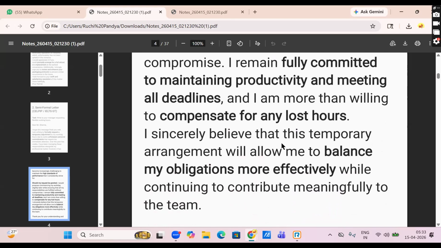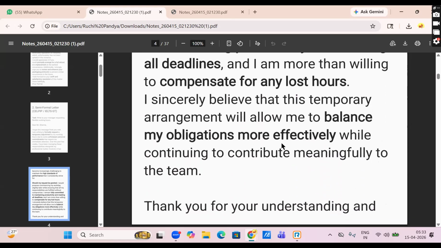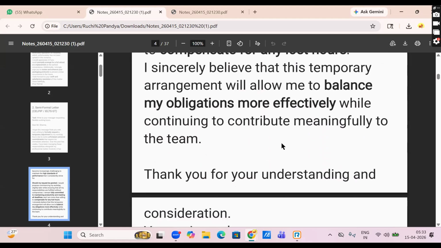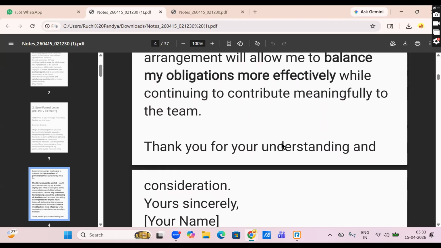I sincerely believe that this temporary arrangement will allow me to balance my obligations more effectively while continuing to contribute meaningfully to the team. Thank you for your understanding and consideration.